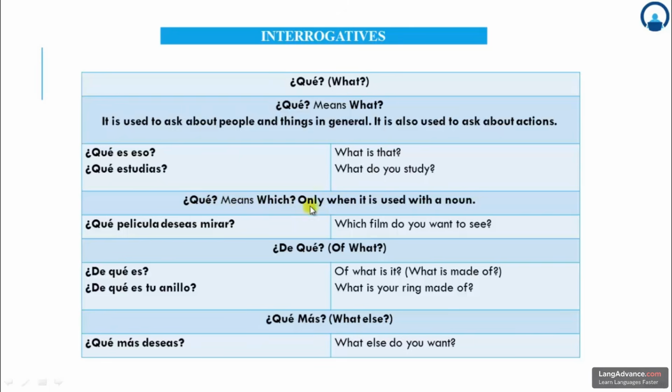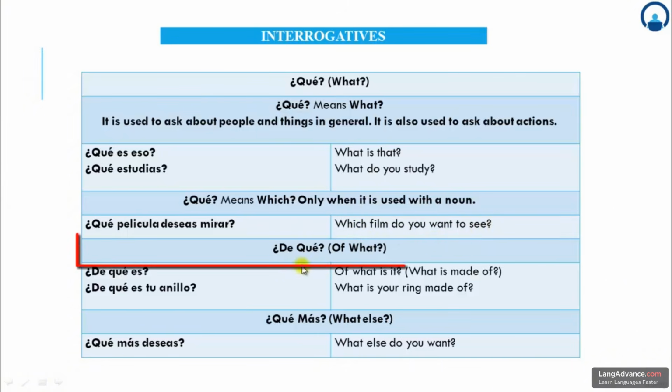Que means which only when it is used with a noun. For example, ¿Qué película deseas mirar? Here the noun is película. Película means a movie or a film. Which film do you want to see? So que is used with a noun. So while translating it is not what. No, what film do you want to see? No, it is which. Which film do you want to see?